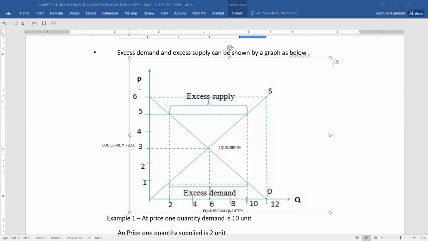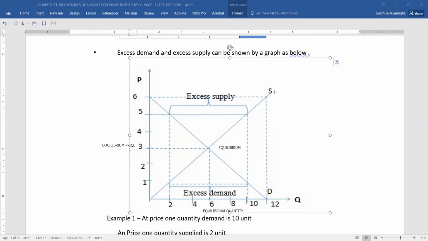These are the prices above the equilibrium. Shall we mark it? So above the equilibrium, below the equilibrium.